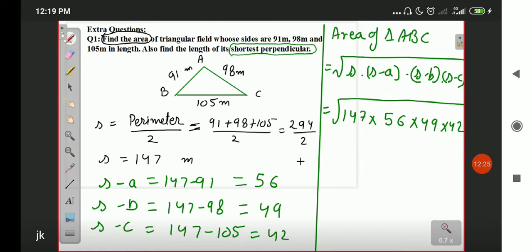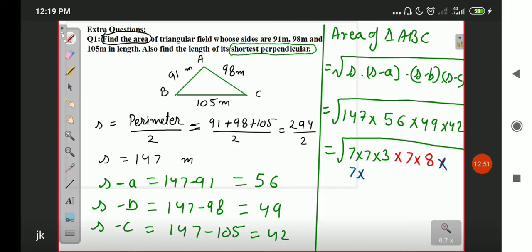So 147, all of these numbers are multiples of 7. 147 is 7 into 7 into 3. 56, that is 7 eights of 56. 49 is 7 into 7.